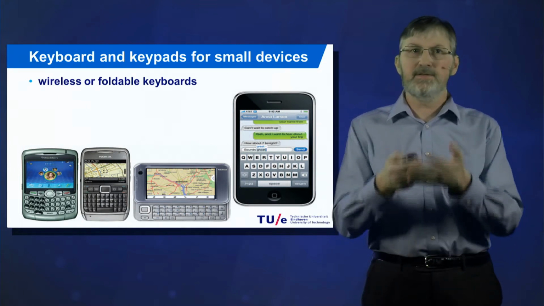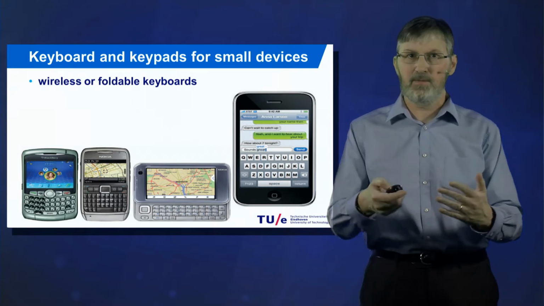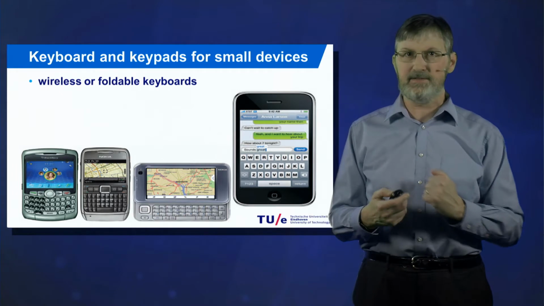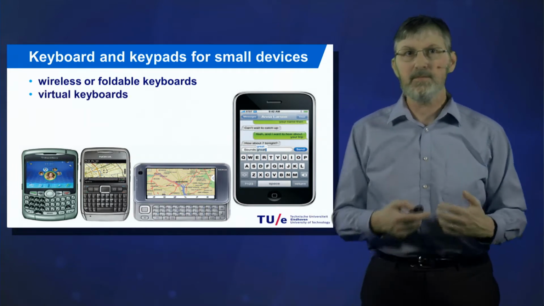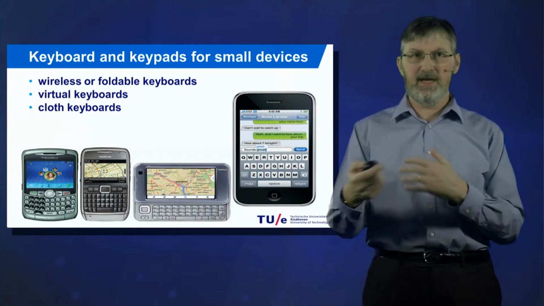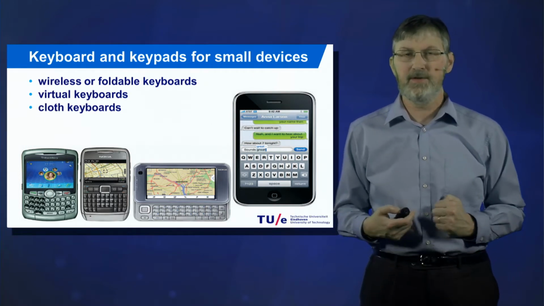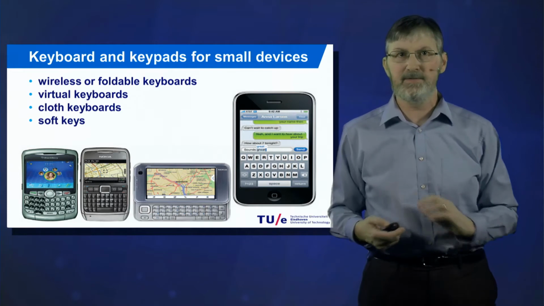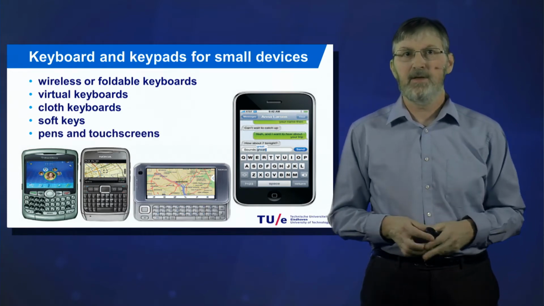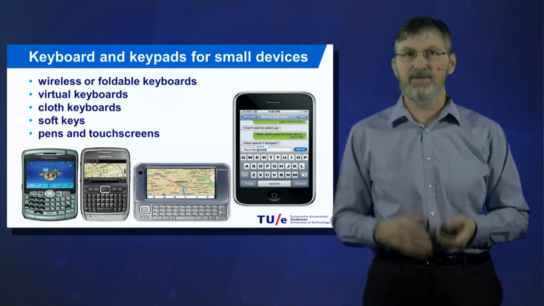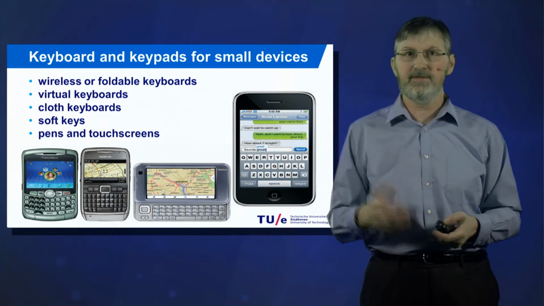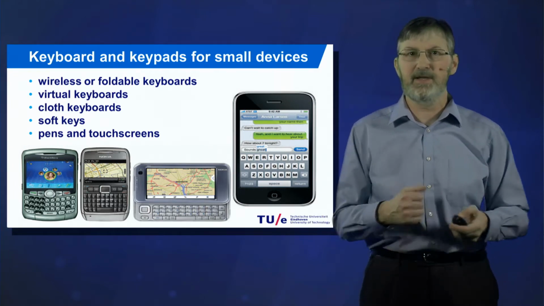Small keyboards are sometimes wireless, so they're separate from the device. We see that a lot on tablets nowadays. We also have the virtual keyboards on the screen. We can have cloth keyboards or optical keyboards, some with soft keys. But what we see mostly now is the touch screens, with the virtual keyboard and some feedback through vibration and sounds.